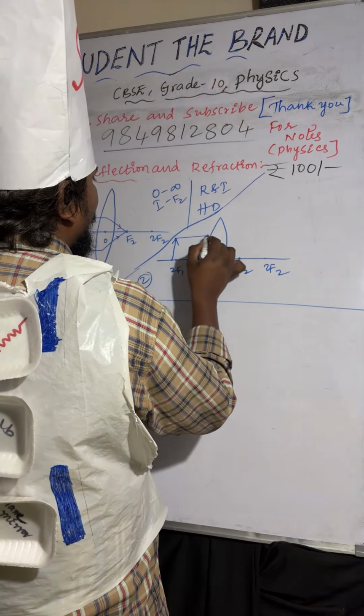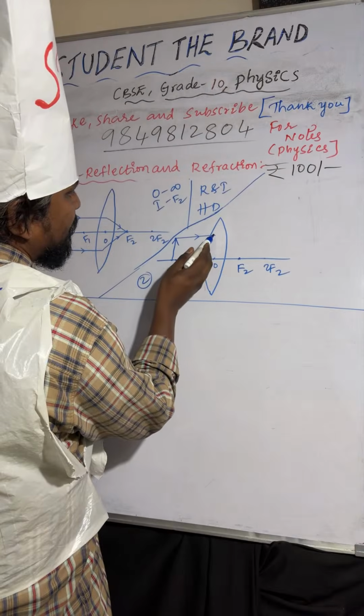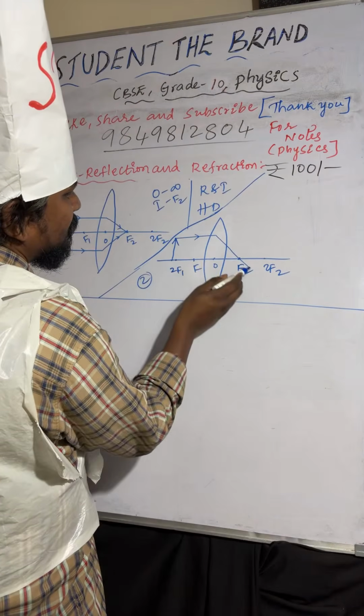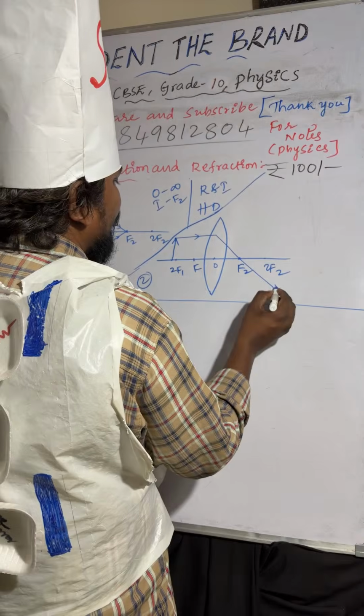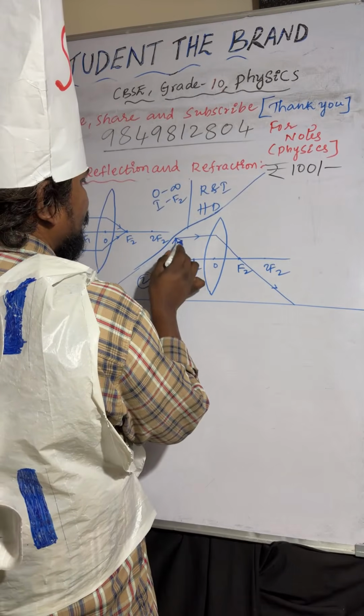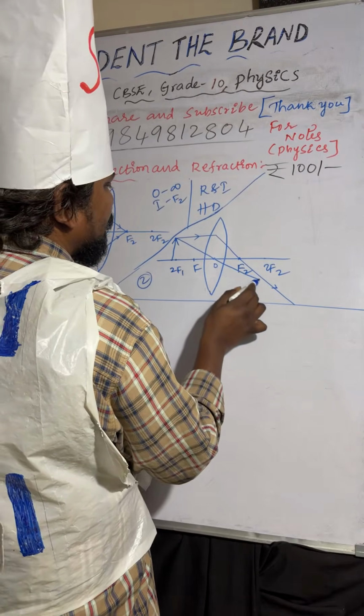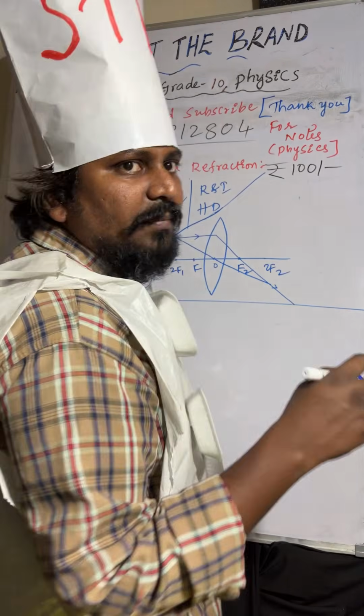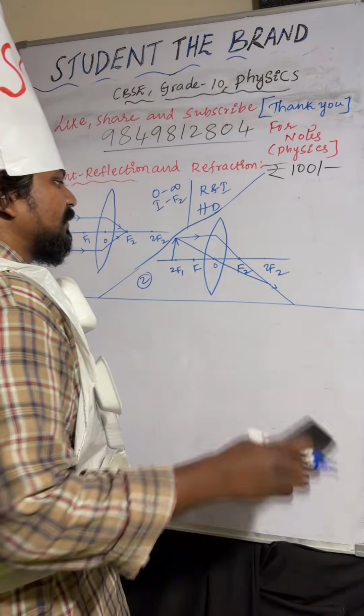One light ray I am taking like this. After refraction it passes through focus. Another light ray is passing through optic center. So the image will form between F2 and 2F2.